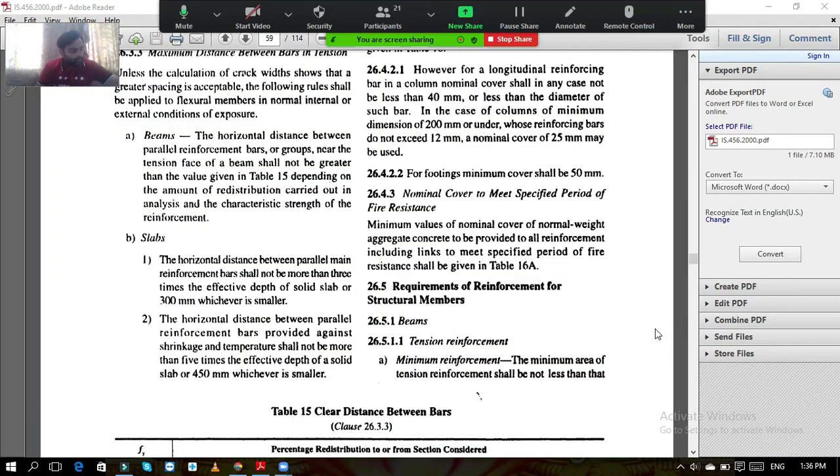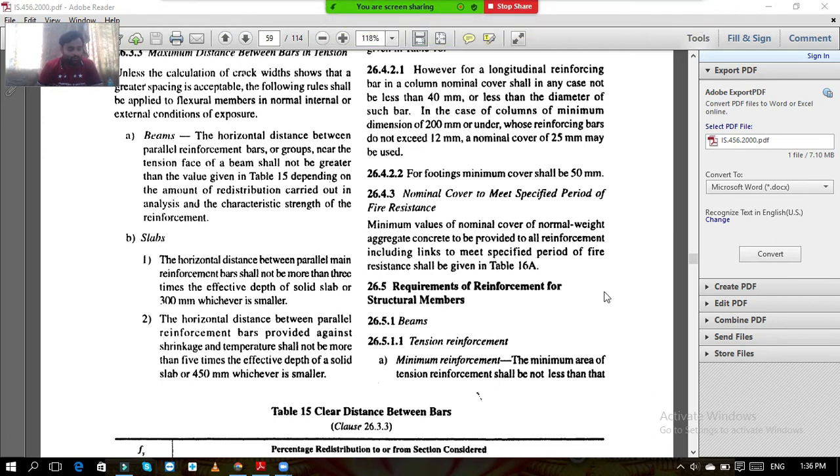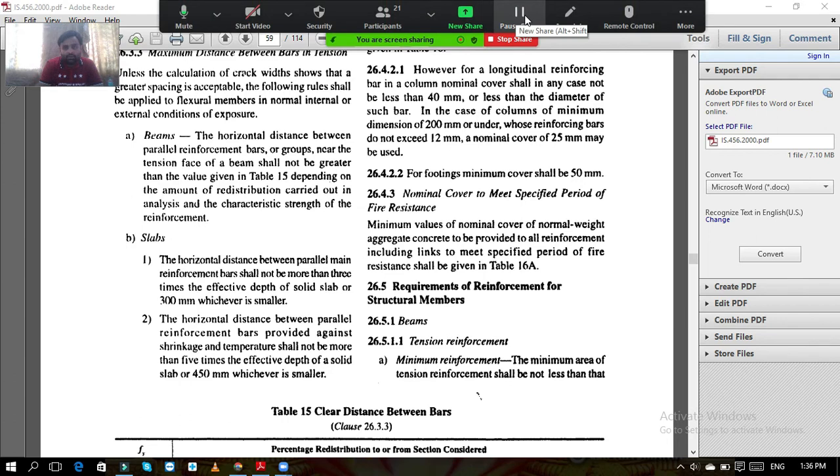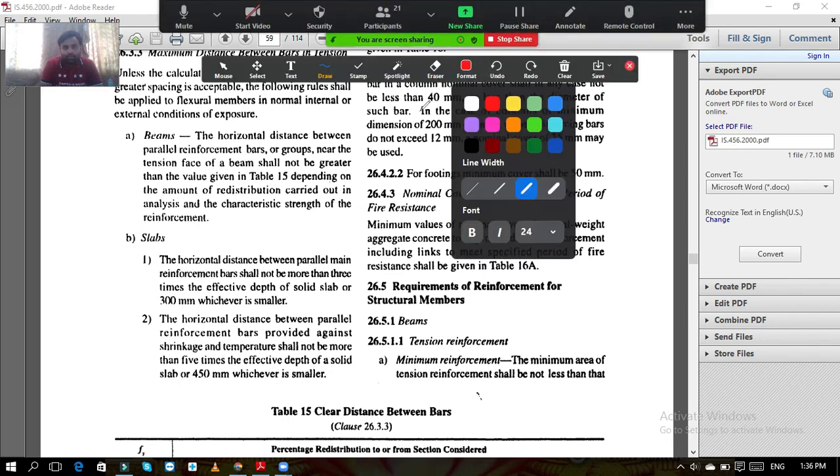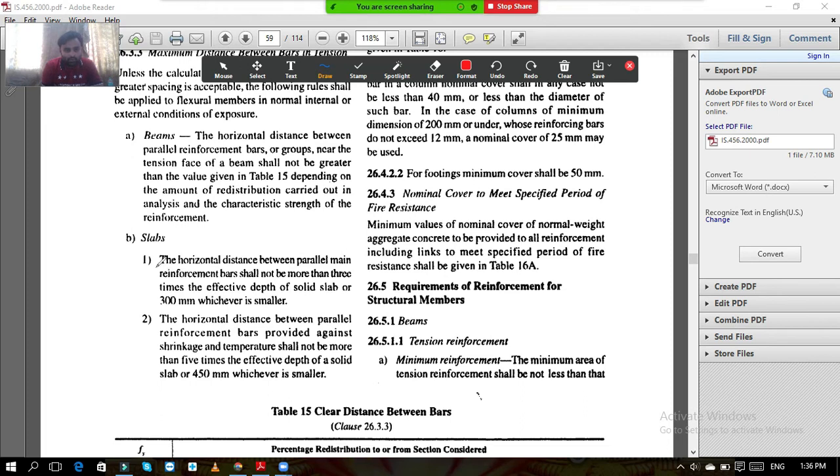If we move to the IS code, here you will notice that this is given. In the IS code, for the reinforcement, if you read this clause, what they have told you: the horizontal distance between parallel main reinforcement bars shall not be more than 3 times the effective depth.